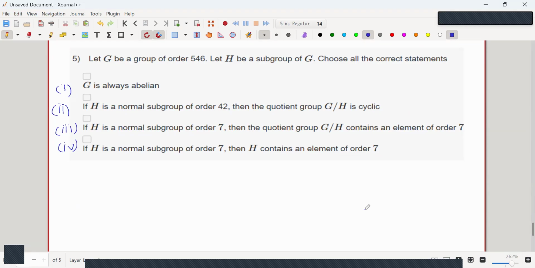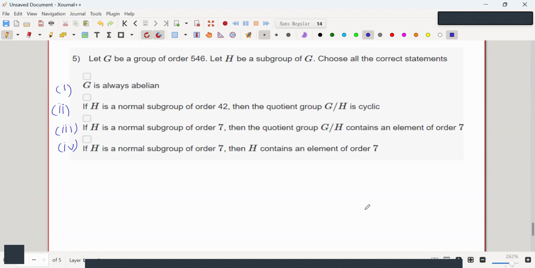What are some non-abelian groups that you know? Well, S3. S3 works. That's the only non-abelian group you know?